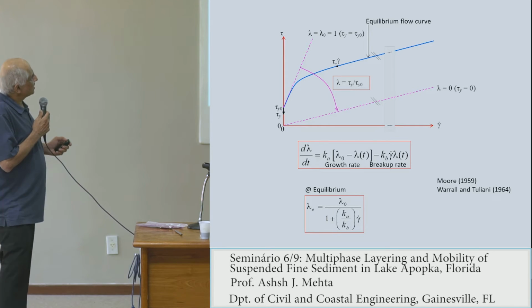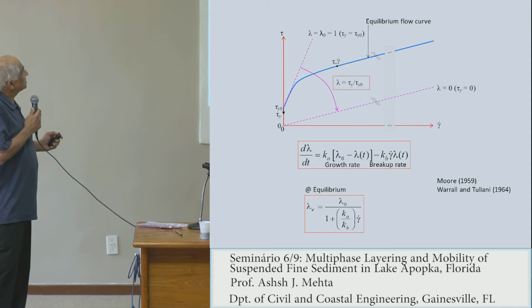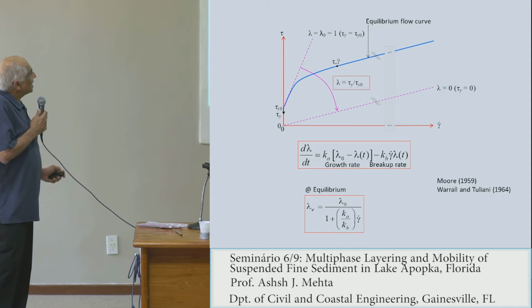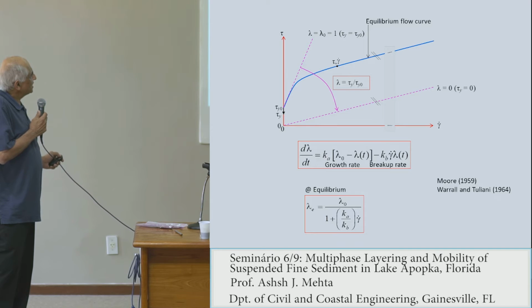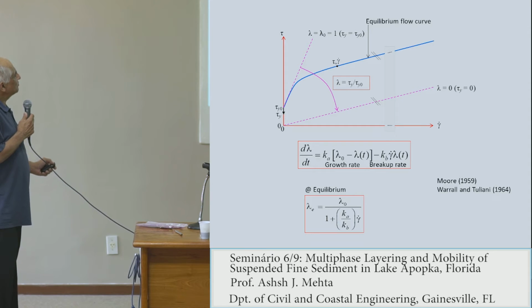Now we won't go into the detail, but it turns out that this structural parameter is a dynamic quantity. So to calculate it, you have to look at this equation, which equates the rate of change of lambda to a growth function and a breakup function.